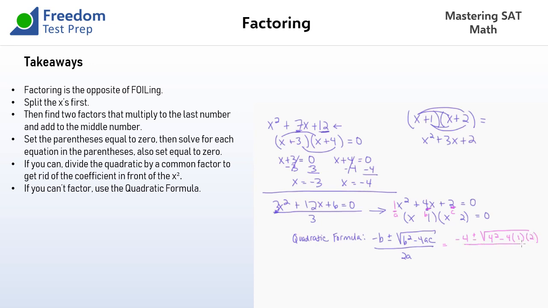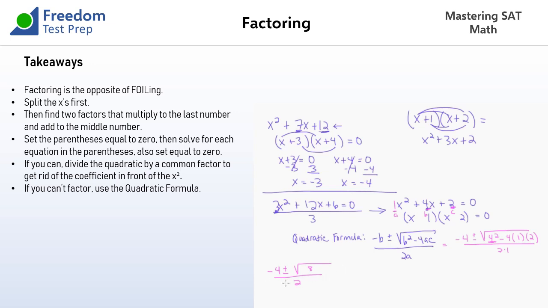And then it's all over 2 times A, which is 1. Okay, so I'm going to bring it down here. We got negative 4 plus or minus the square root of 16. This is 16, and this is minus 8. 16 minus 8 is 8, and the whole thing is over 2.